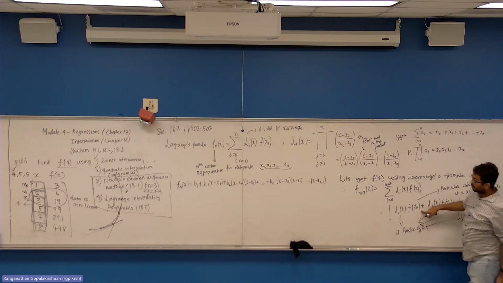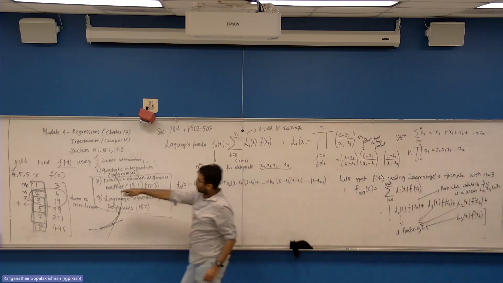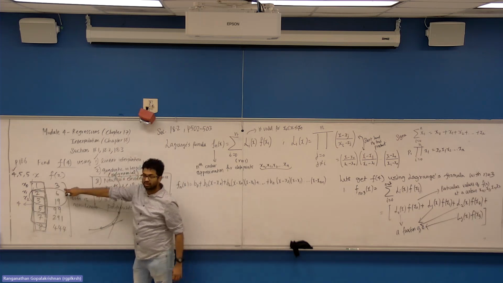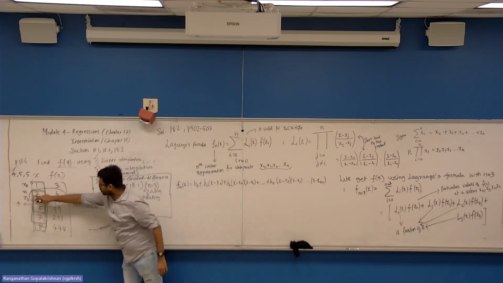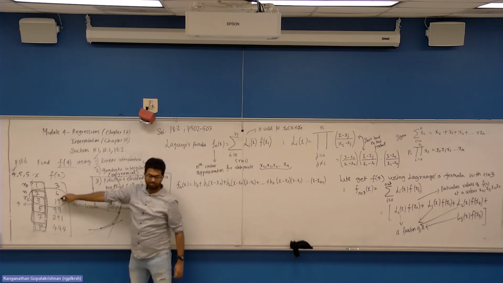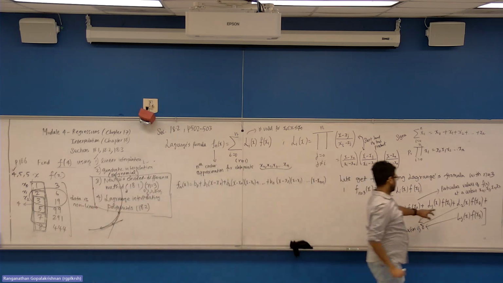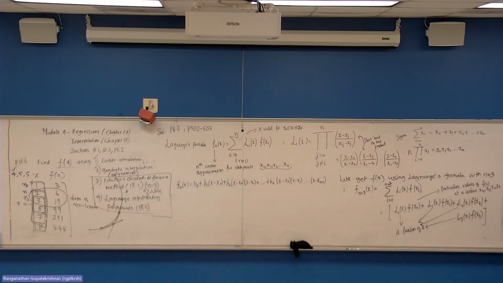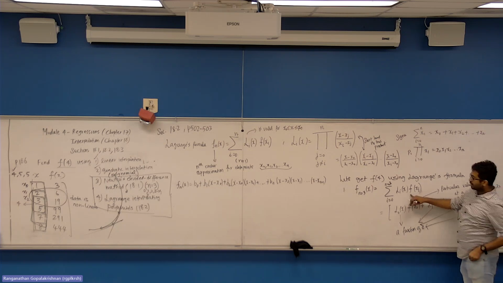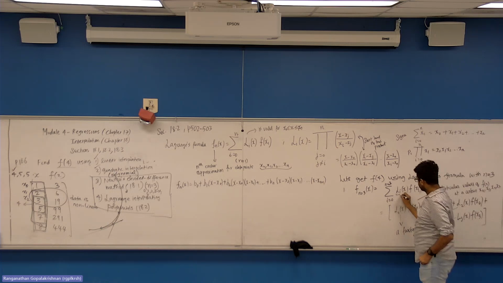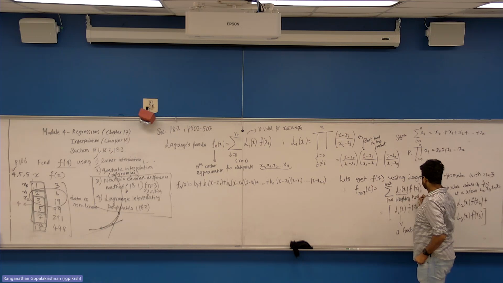This is f of x naught. If your x naught is 1, f of x naught is 3. If x1 is 2, f of x1 is 6. These are all particular values. So you can almost think Lagrange's formula works by taking the existing table of data and multiplying it with functions, which you can call weighting functions, weightages.